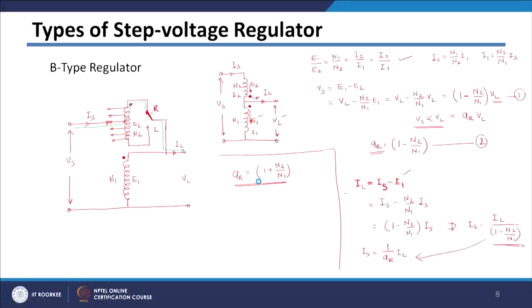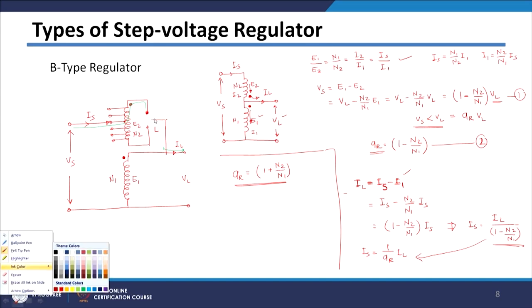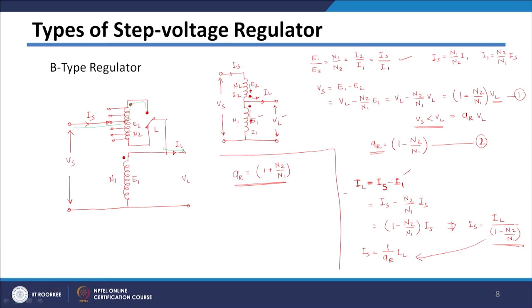and when this terminal is connected to L, it will be opposite, where we are connecting this to say L. So, I will just erase it. Now, in this case I am connecting it to L. So, in that case your dot is here.